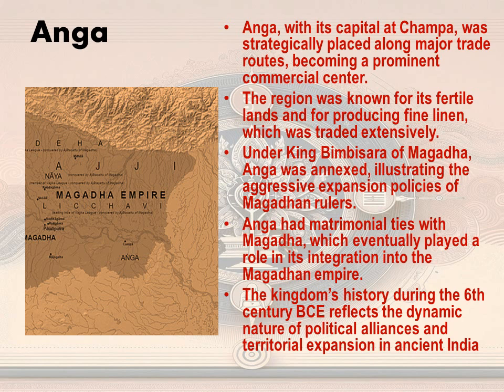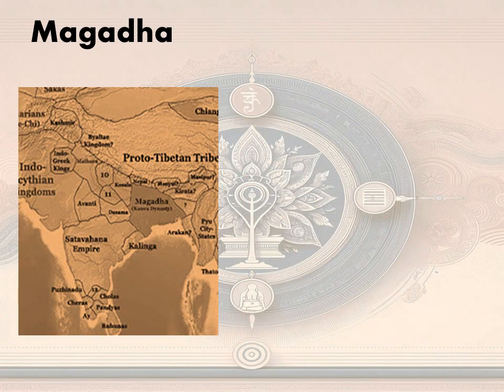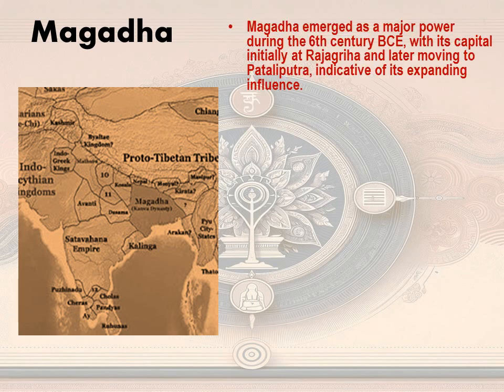The kingdom's history during the 6th century BC reflects the dynamic nature of political alliances and territorial expansion in ancient India. Now, the most important of all the Mahajanapadas is Magadha. Magadha emerged as a major power during the 6th century BC, with its capital initially at Rajagriha and later moving towards Pataliputra, indicative of its expansive influence.